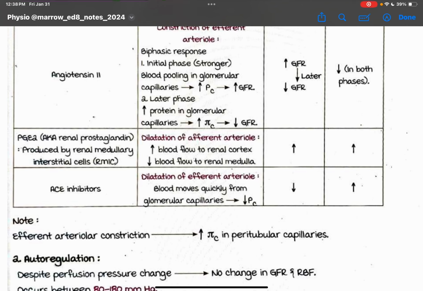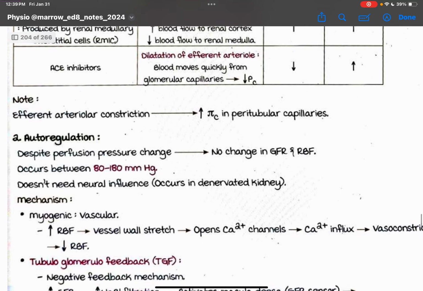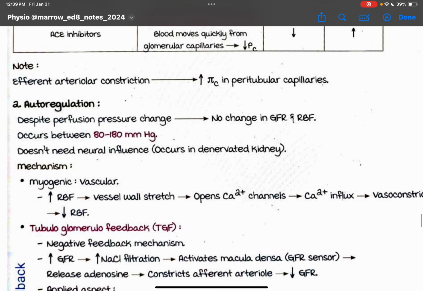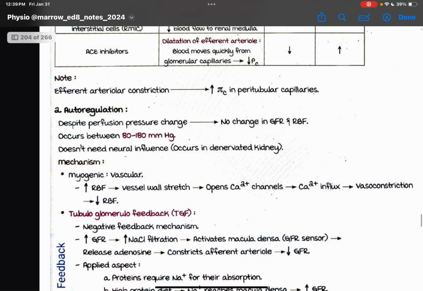ACE inhibitors cause dilatation of the efferent arteriole. Blood moves quickly out of the glomerular capillaries with an ACE inhibitor due to dilatation of the efferent arterioles, which decreases the hydrostatic pressure of the glomerular capillaries. So GFR is decreased and renal blood flow is increased. Note, efferent arteriole constriction increases the oncotic pressure in the peritubular capillaries.